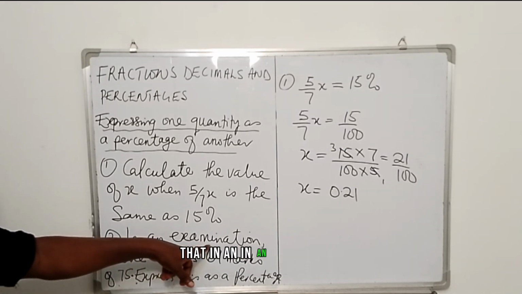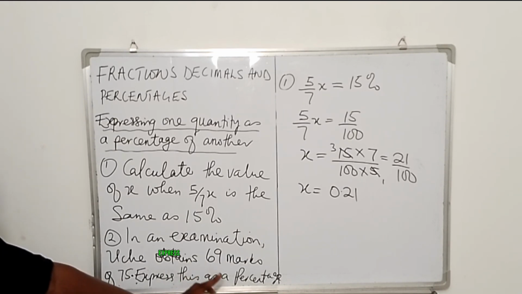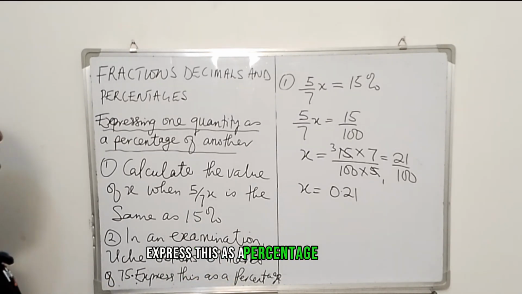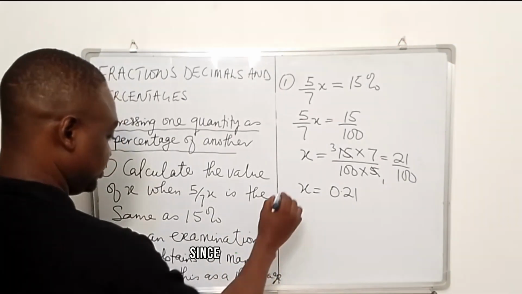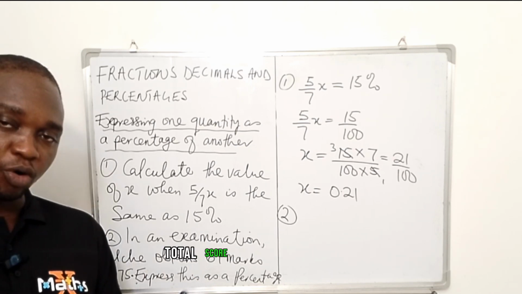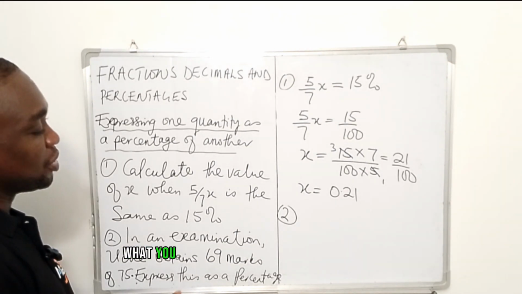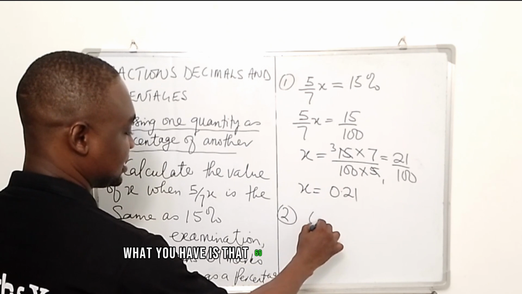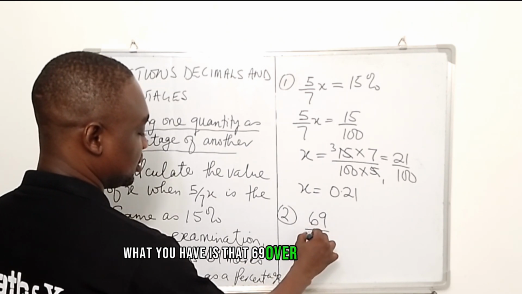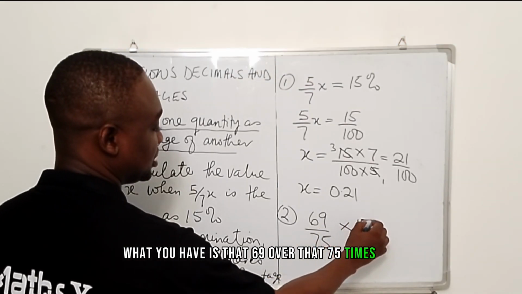In an examination, Uche obtained 69 marks of 75. Express this as a percentage. To do that, since Uche has scored 69 and the total score is 75, as a percentage what you will have is 69 over 75 times 100.